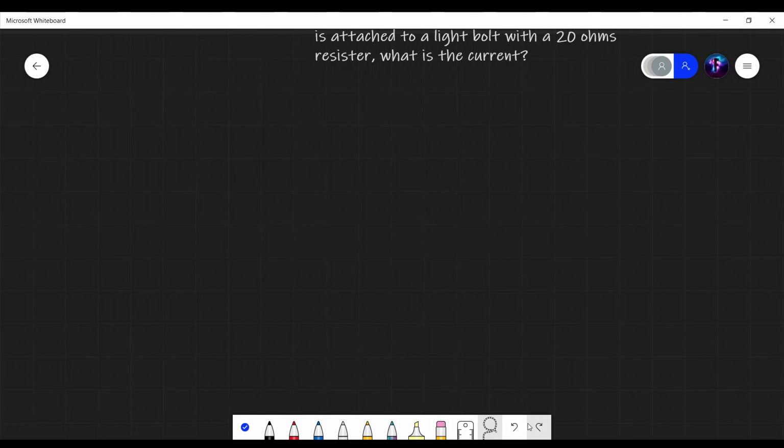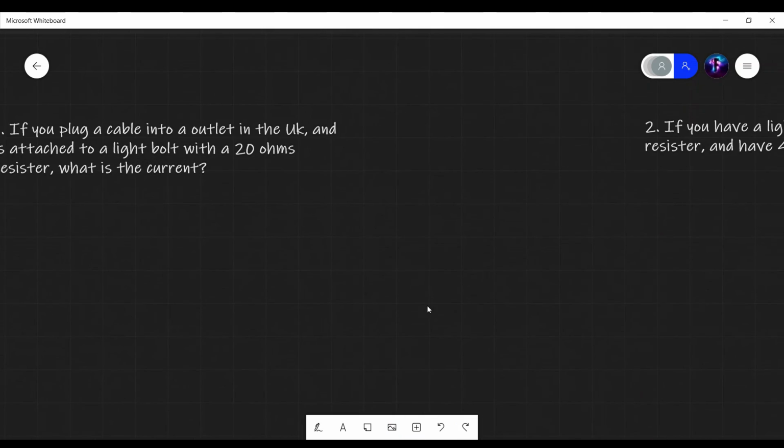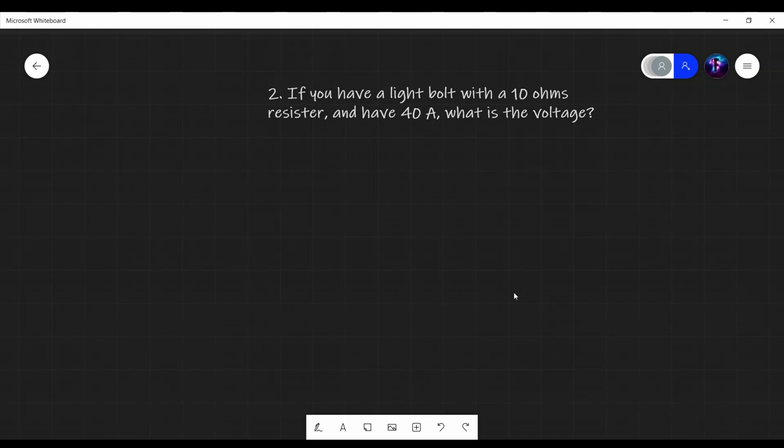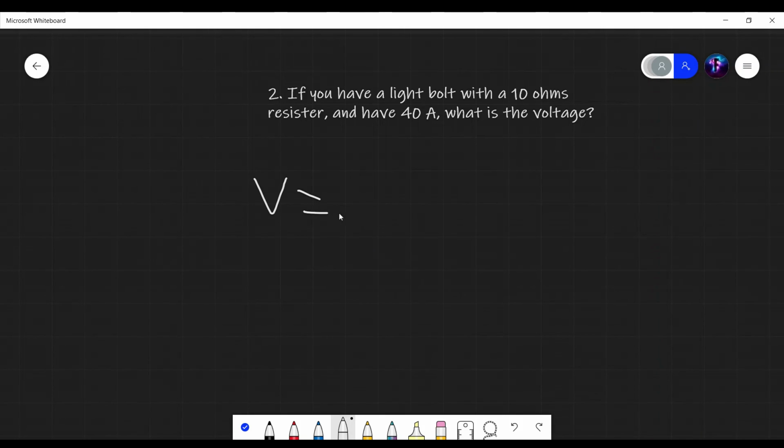Next question. If you have a light bulb with a 10 ohms resistor and have 40 amps, what is the voltage? Well, you don't need to do any reshaping. You're just gonna use V equals IR.